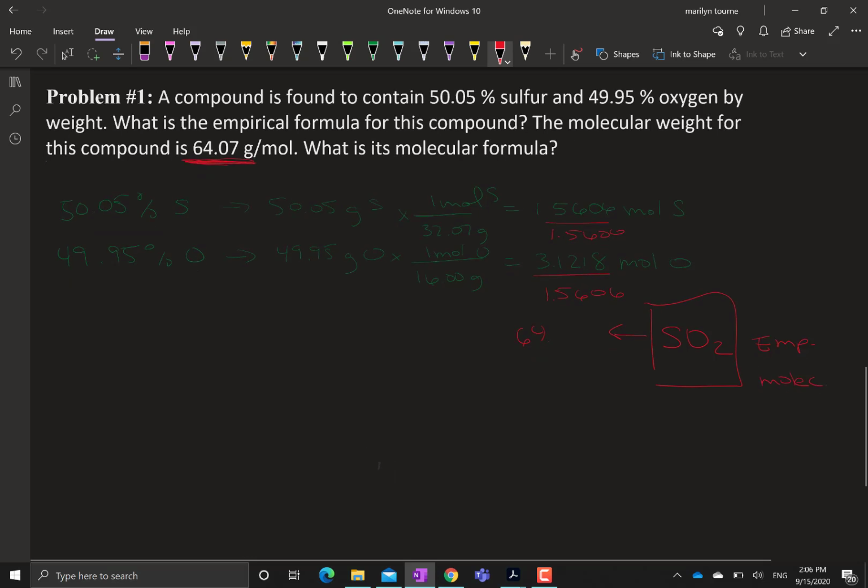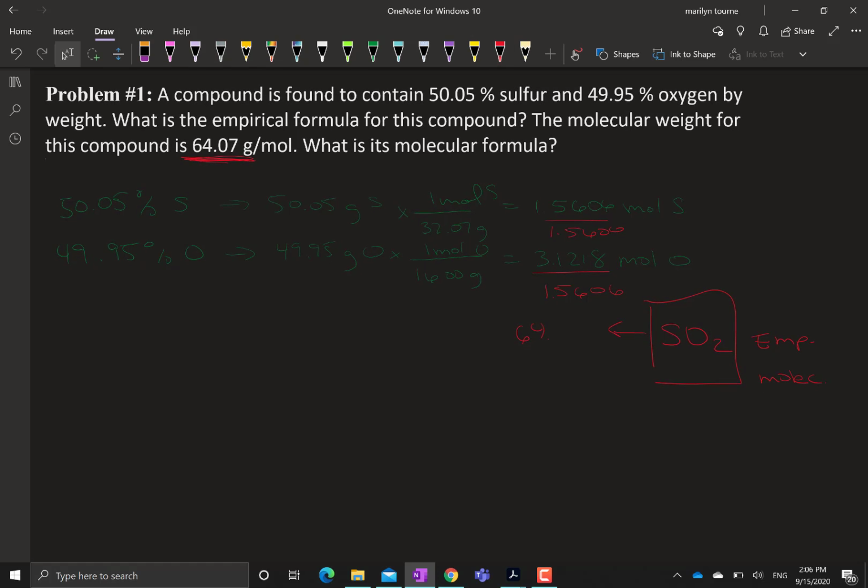If we do another problem, it's the same setup, except we're going to use different percentages and different atoms. Let's say a compound is found to have 57.54% of carbon. You've got 3.45% of hydrogen and 39.01% of fluorine.